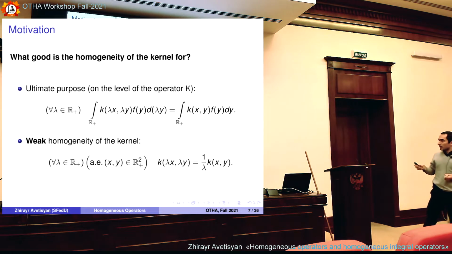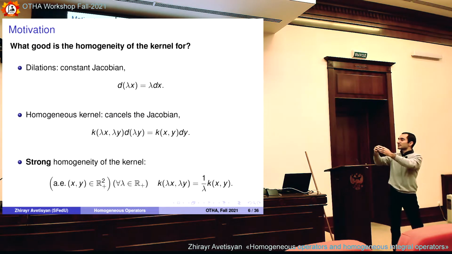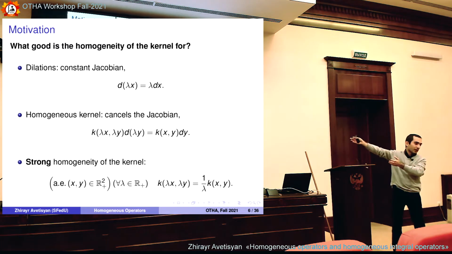And note that in the previous case, if you think of the set of x and y on which the condition is violated, it must be a null set because it's almost everywhere, right? That null set is the same for all lambda. It's a universal null set. Or in the other way around, the set on which the equation holds is universal.